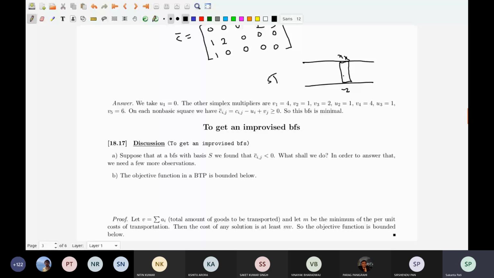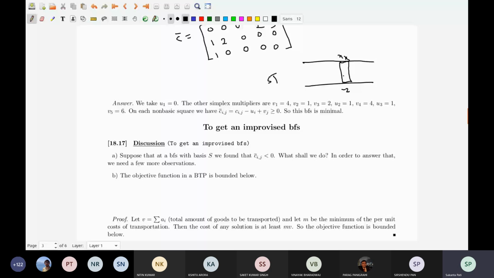It will always cost you more than that. And whatever is the maximum per unit cost among all possible roads, assume you are transporting 1000 units, that is the maximum possible cost. In whatever way you distribute, you will never be able to spend more than that. So anyway, it is bounded.